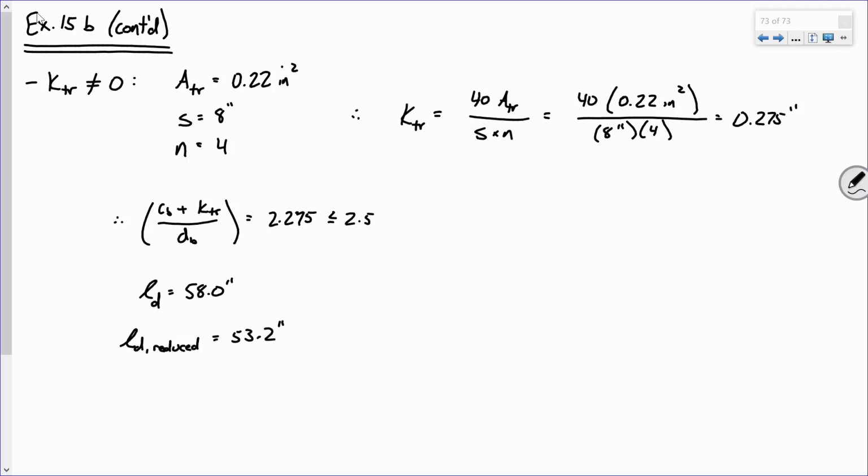Here's the idea. If I have a bar embedded into this wall, let's say it's only embedded 1/4 of an inch, I'm going to be able to yank it right out. Embedded 53.2 inches, once I get to 53.2 inches, I can embed it 5,000 inches and it wouldn't matter. All that's ensuring is that I have actually developed its full capacity. That doesn't mean I get more capacity by putting it in further.